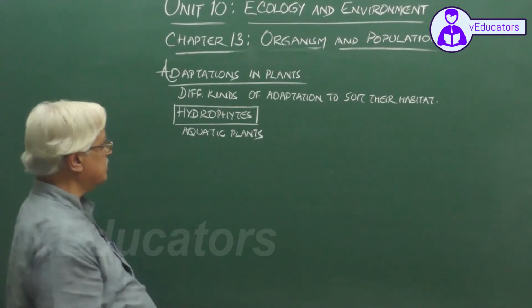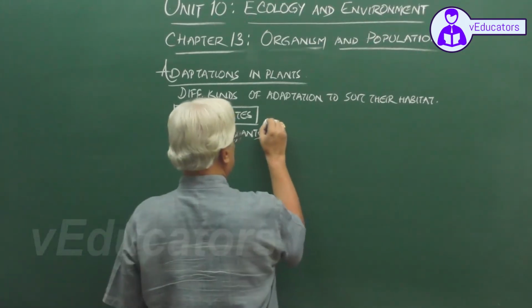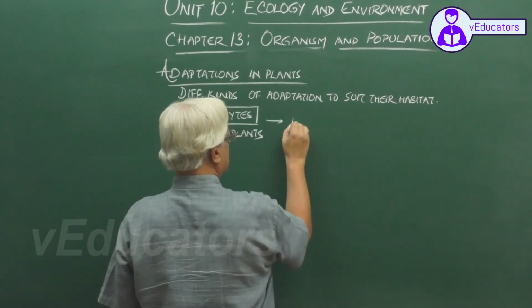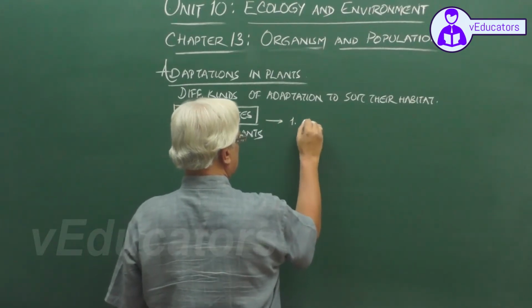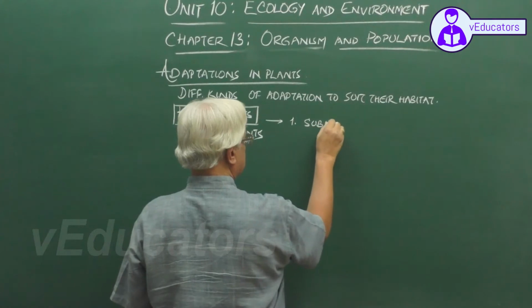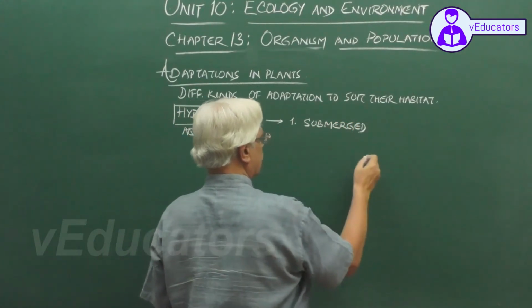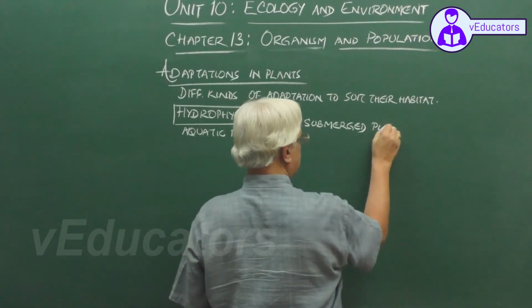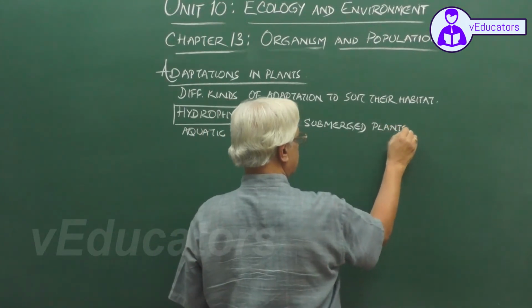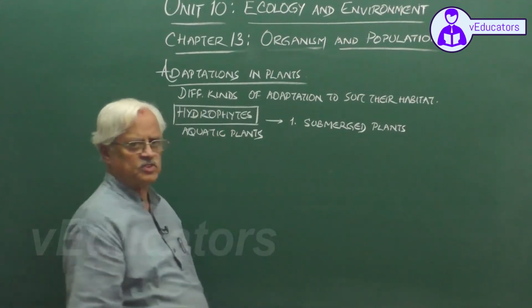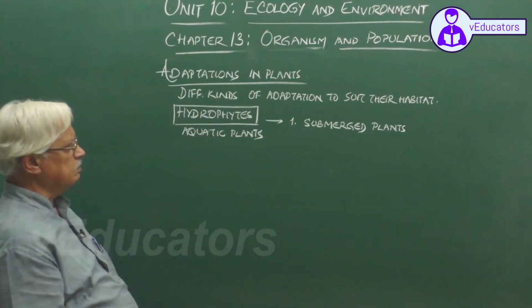In aquatic plants, we have different types. For example, one category of aquatic plants are called submerged plants.